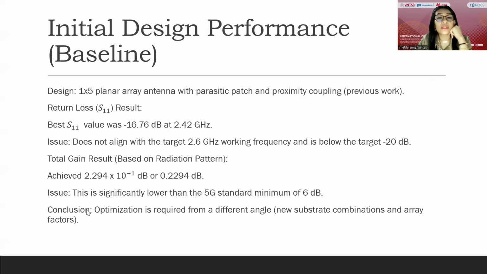So the conclusion is that we have to optimize from a different angle, and this research uses a new substrate combination to achieve a higher total gain from this antenna design.